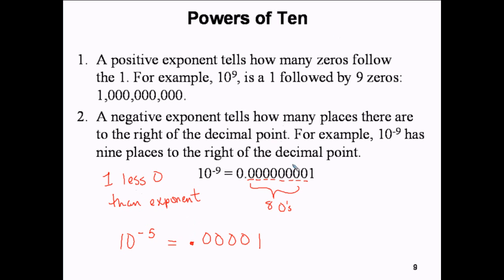This is the basis of scientific notation. If you're in the field of, let's say, astrophysics, and you're calculating mass of planets and distance between galaxies and even distance between planets in our own solar system, these are huge numbers, right?